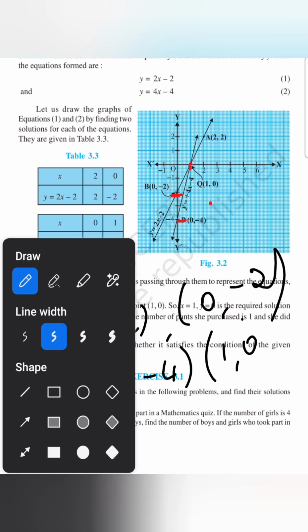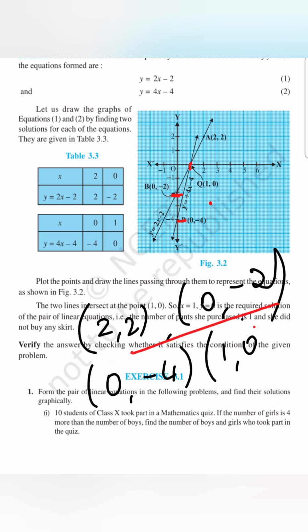Join 2 comma 2 and 0 comma minus 2 separately, because they are for this particular equation. That gives you this line. Now go for the second set of points, 0 comma minus 4 and 1 comma 0. Join them separately. That gives you this line.